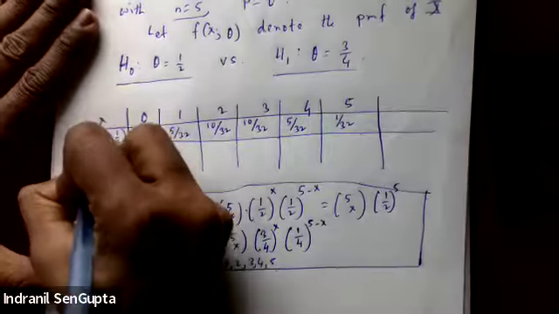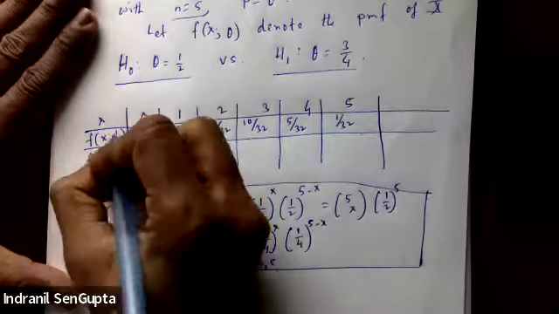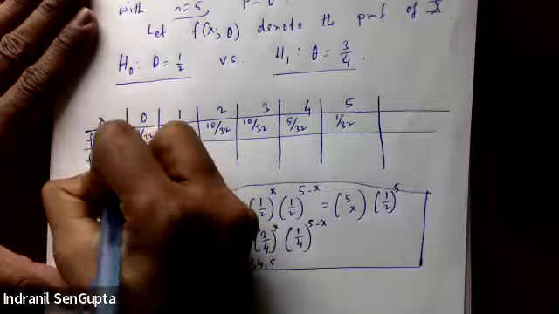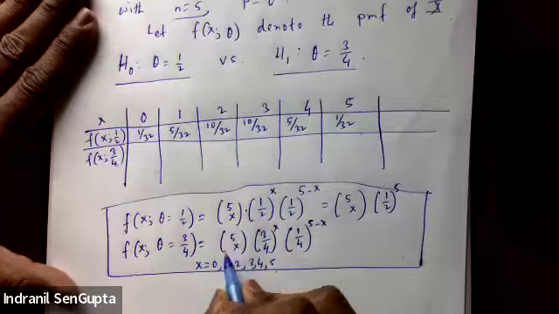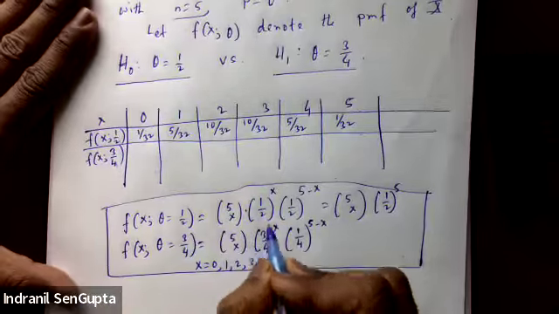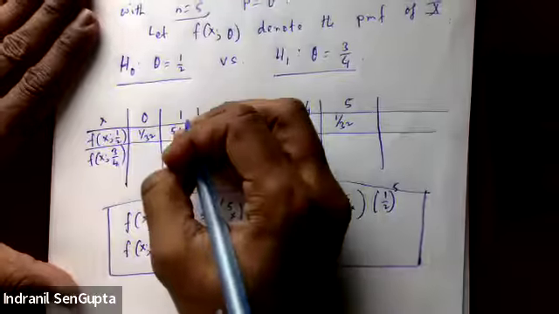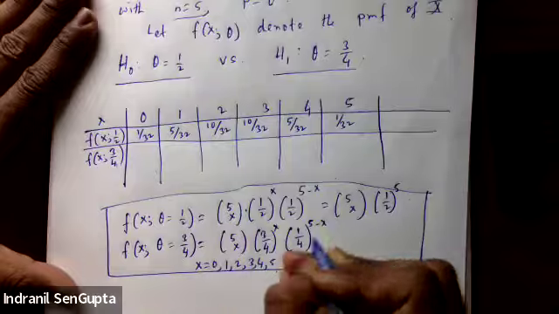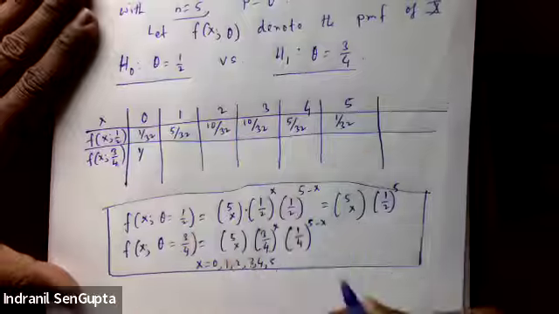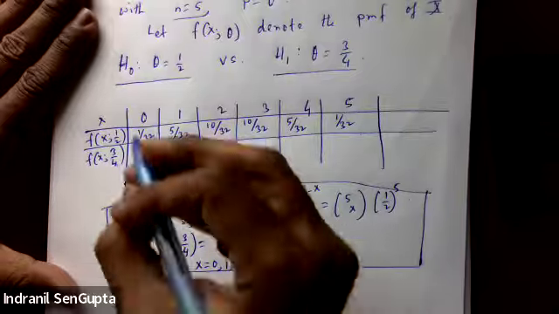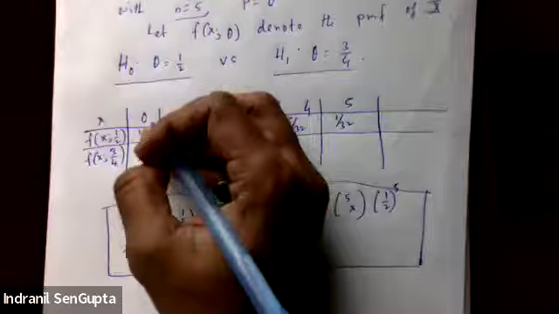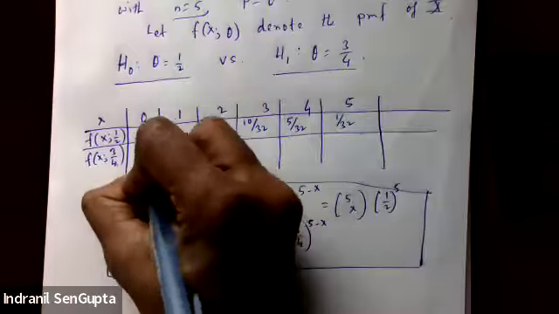What about the other case, f of 3/4? I have the formula right here. All you have to do is put in the various values of x. The first one is 1 over 1024.